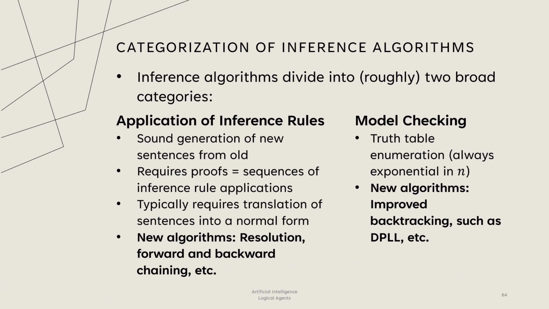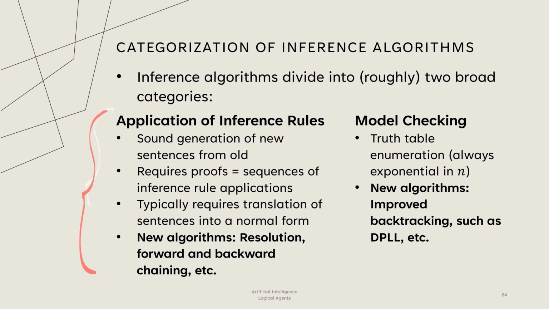Okay, so for our inference algorithms, we have two broad categories: application of inference rules. This is kind of like a smarter sort of inference where we're using these different rules of logic to perform inference. We're not iterating through everything.